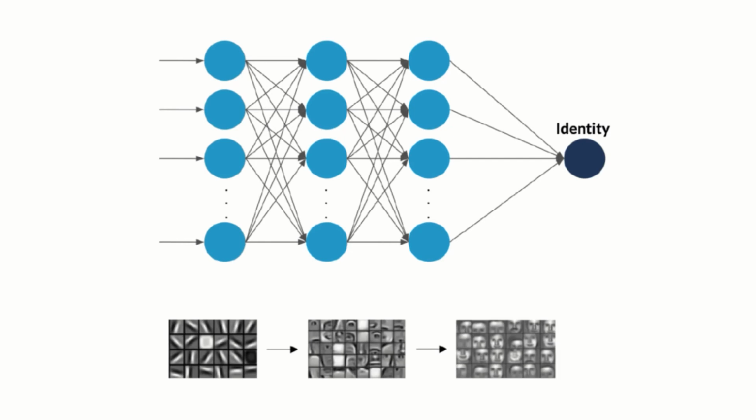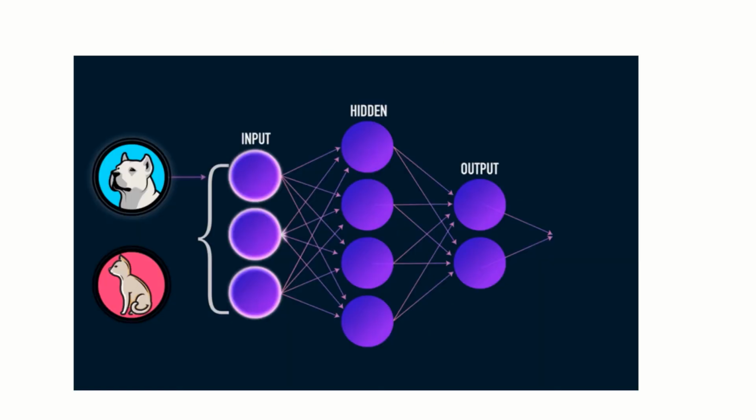And finally there's the output layer, which will give you the desired output and will identify the image or the person to which it actually belongs. So that's how the entire system works. Every hidden layer has its own purpose and extracts its own set of features.